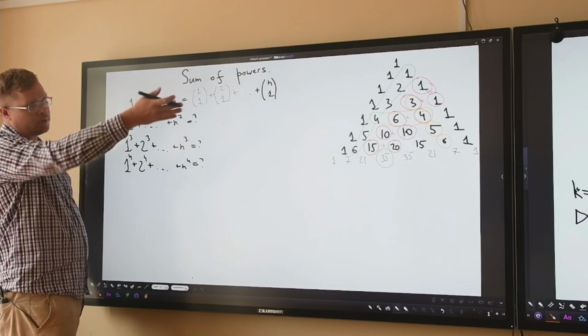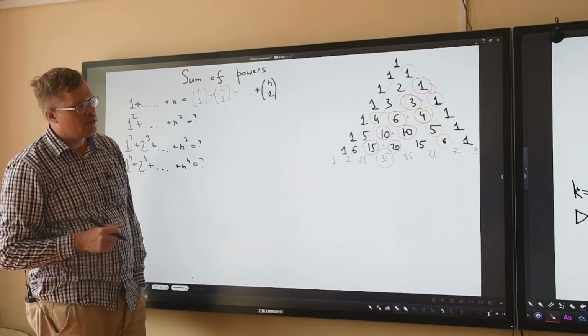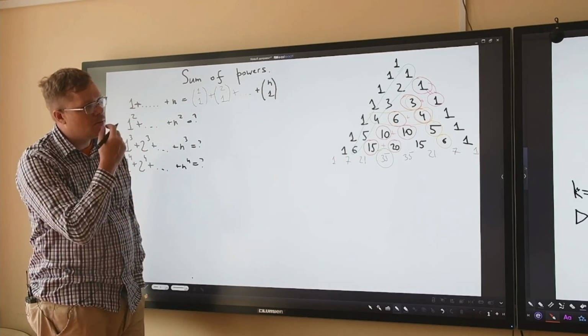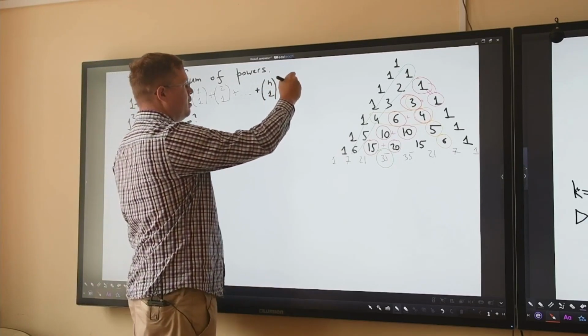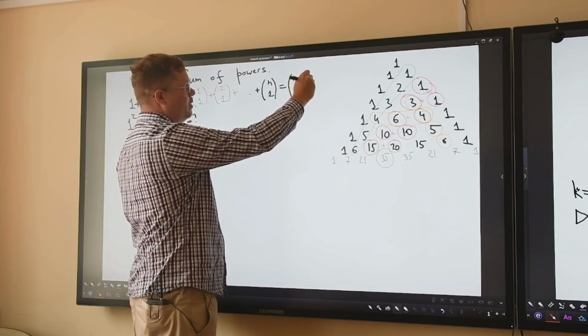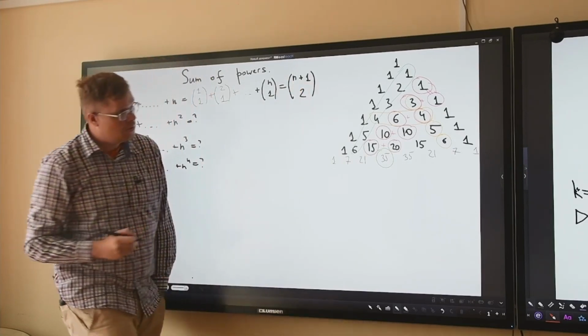And so, as in the formula on the right board, I need to write n plus 1 choose 2. Yes?